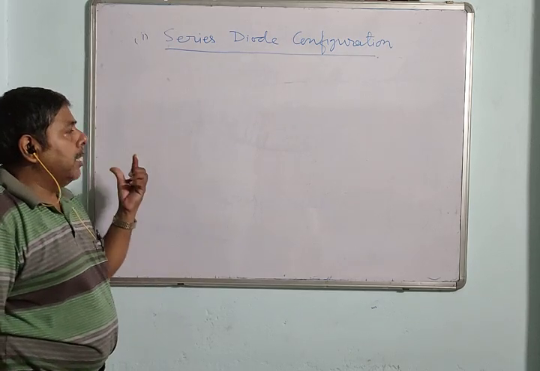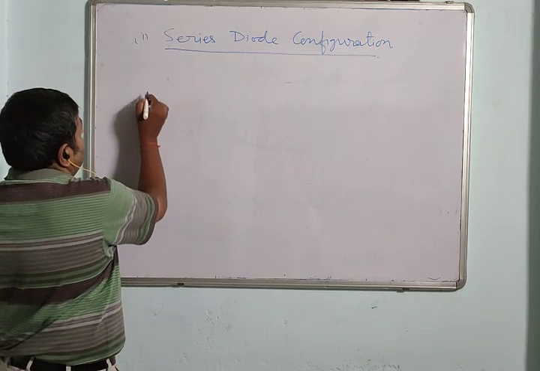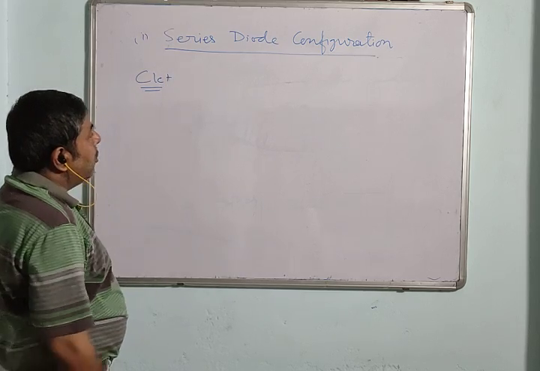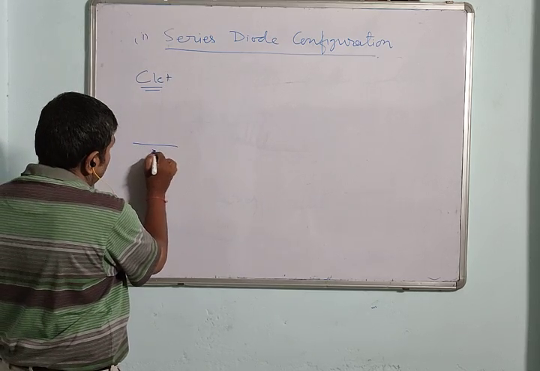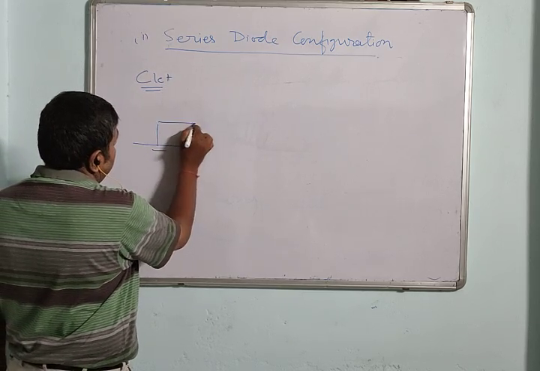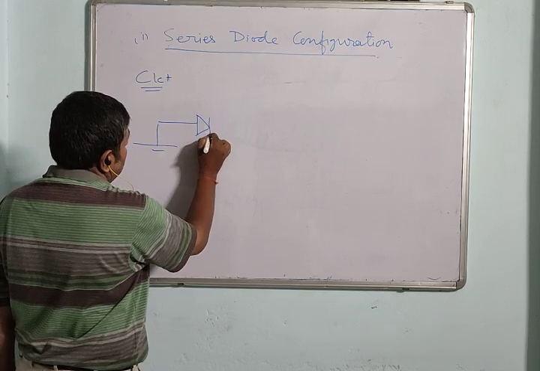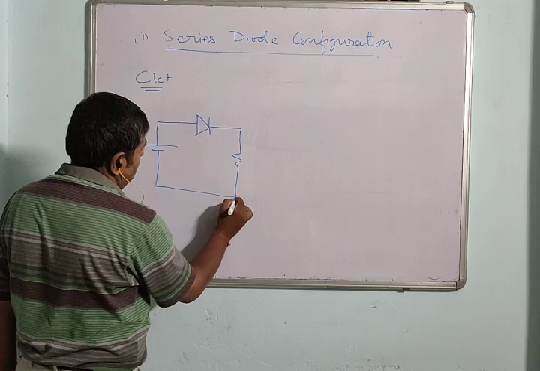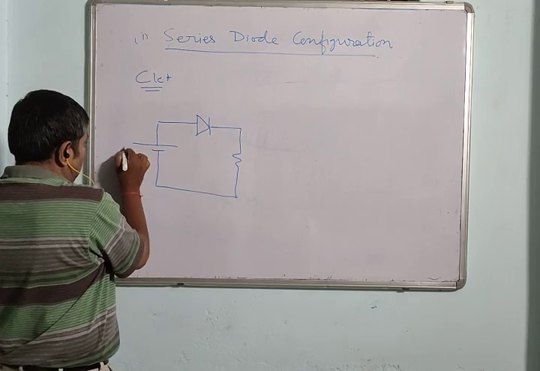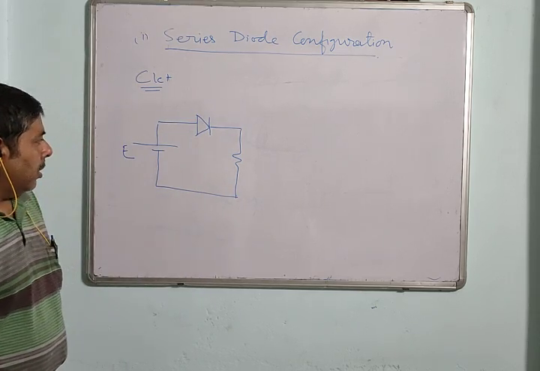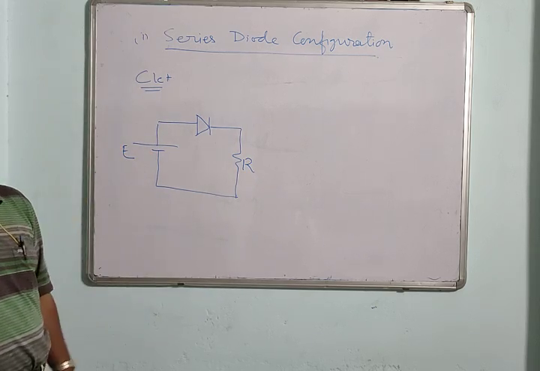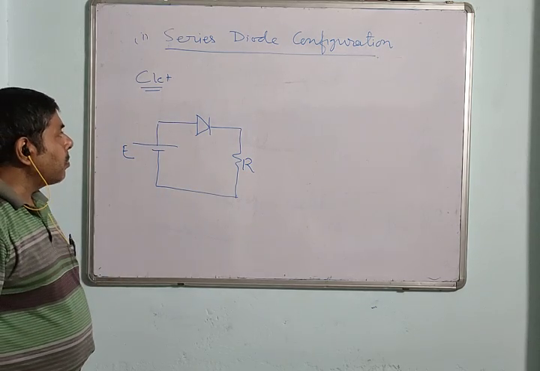Here we are taking a very simple circuit. You can take the circuit of this series diode configuration like this. Suppose we are using a battery and a diode with a resistance. This is one of the simplest circuits. Suppose voltage supply is E, and you are using a resistance and a diode.